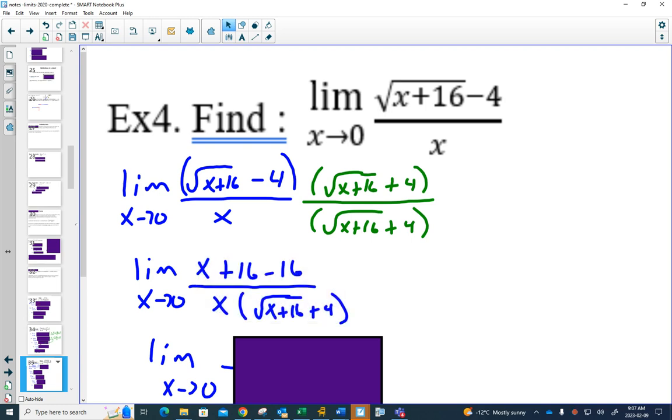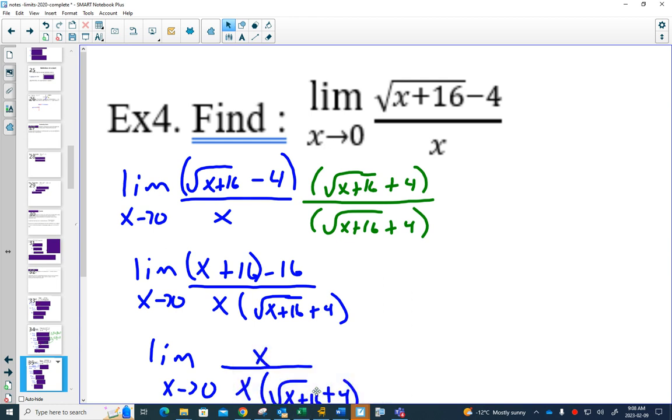As a difference of squares, I can put brackets around it because that's root x plus 16 times root x plus 16. When that gets squared, the square root would go away. And then I have a plus 4 and a minus 4. That'll give me minus 16. And we can see that something really nice is going to happen on the top. The 16s are going to cancel. And we're just left with that x on the top.